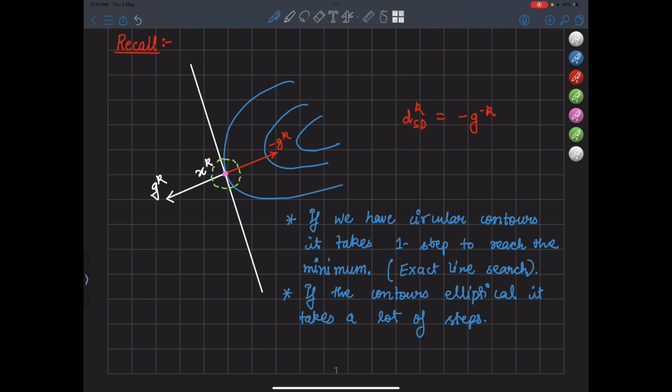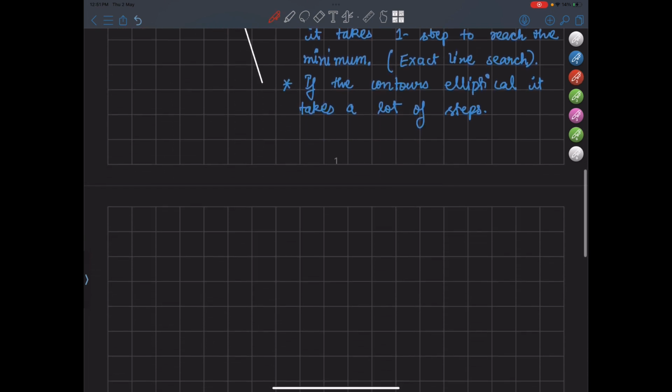So given these observations, we asked ourselves a question: can we transform the elliptical contours to circular contours, to get a solution in one step?